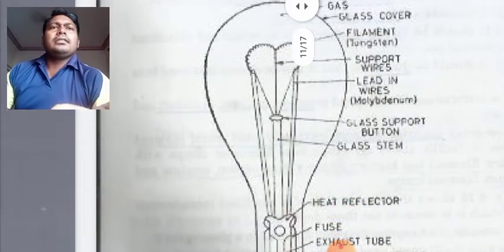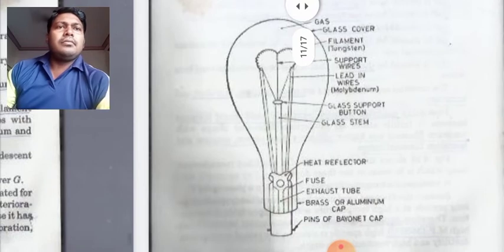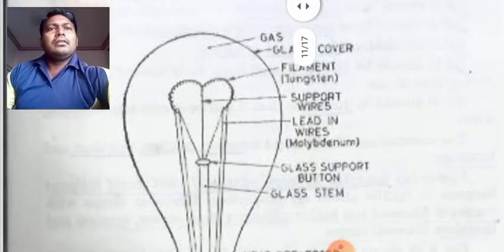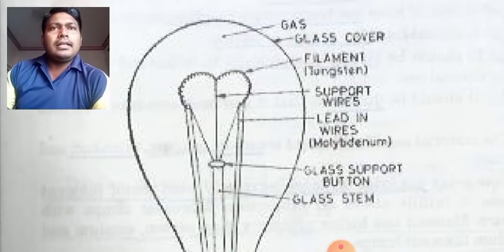So students, this is the typical diagram of the incandescent bulb. From the figure you can check the parts. There is a glass cover, and gas is there. What gas is there we will discover now, because we have the theory afterwards.